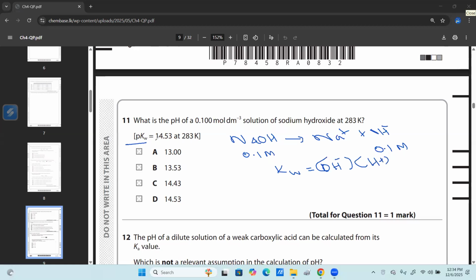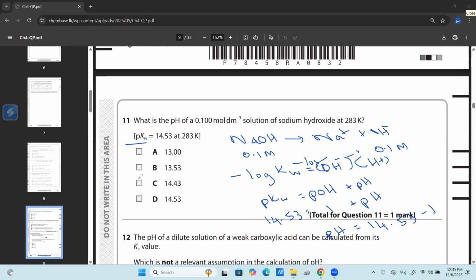They have given the pKw. That means we have to take minus log of everything. Then you get pKw is equal to pOH plus pH, right? Then this is given as 14.53. If you take minus log of 0.1, which is the concentration of OH, it's 1, plus pH. So pH is equal to 14.53 minus 1. The correct answer is 13.53.